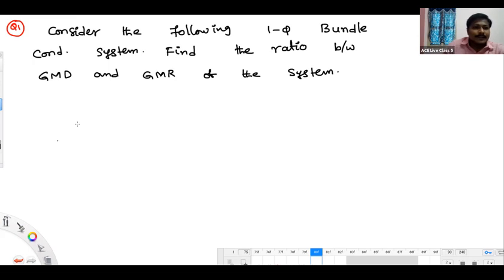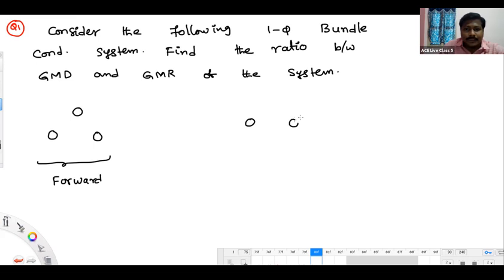Yeah. So I'm showing the bundle conductor forward path, and I'm showing the return path in the question like this.